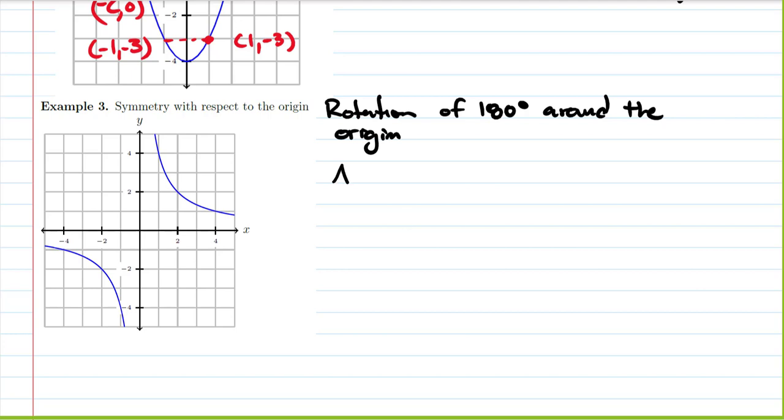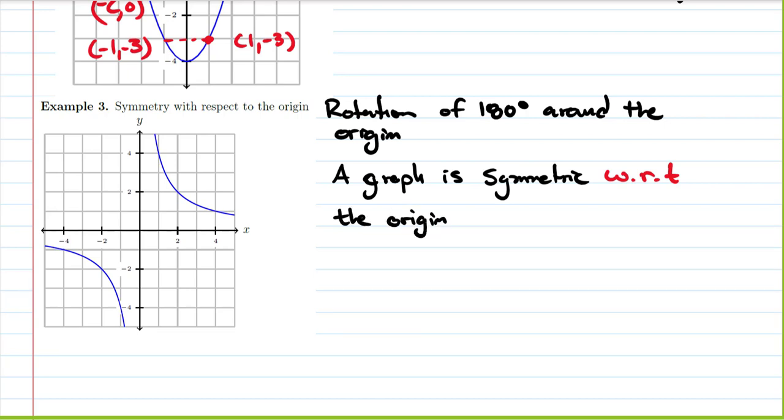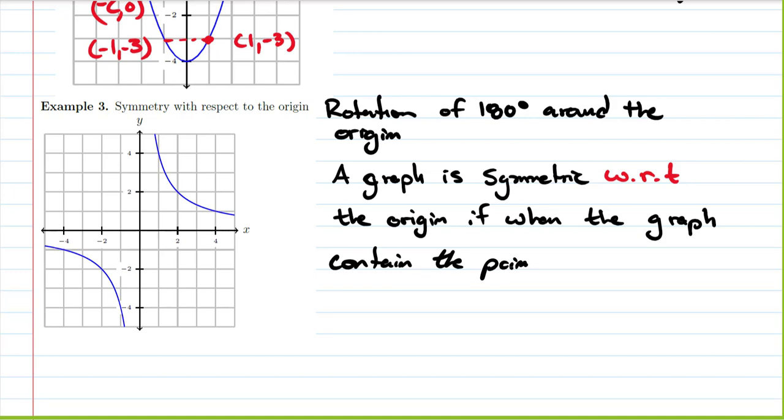A graph is symmetric with respect to the origin if, when the graph contains the point x comma y, it must also contain negative x, negative y.